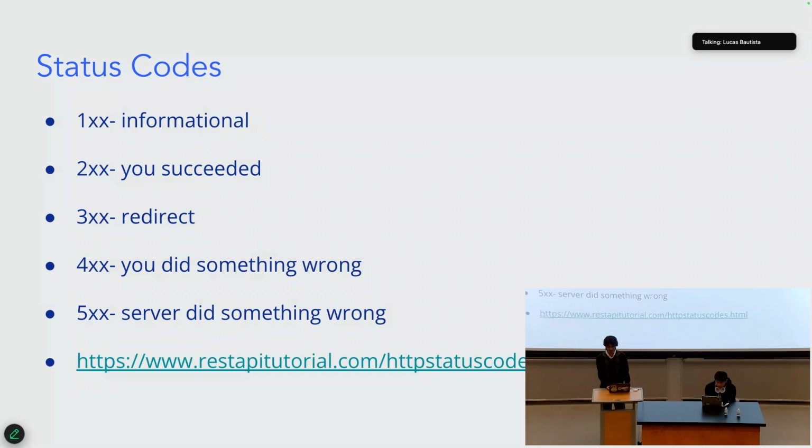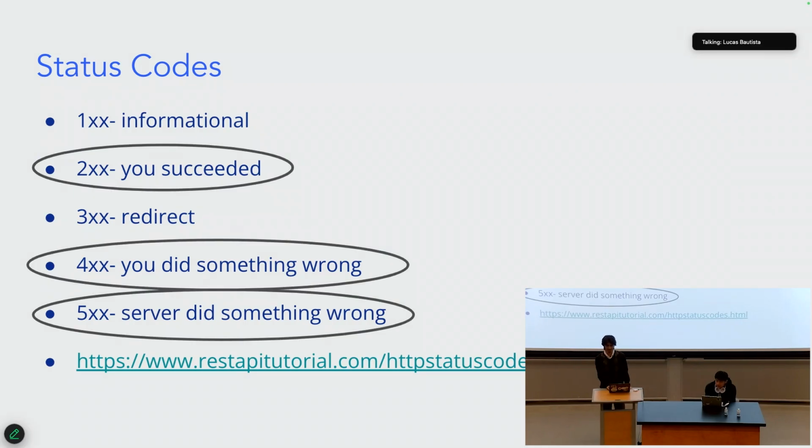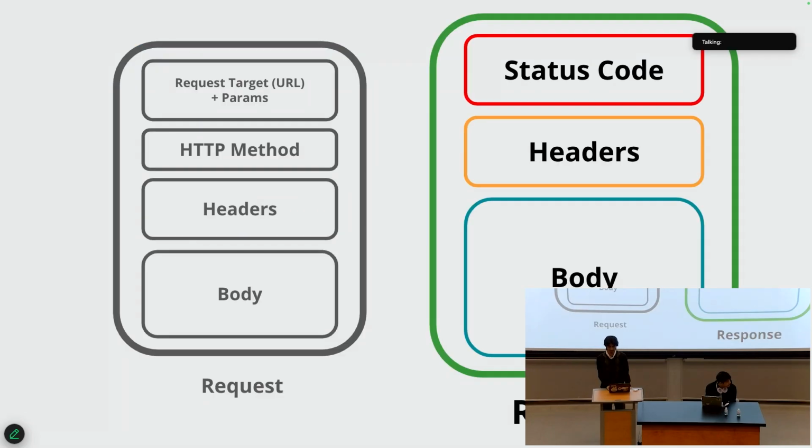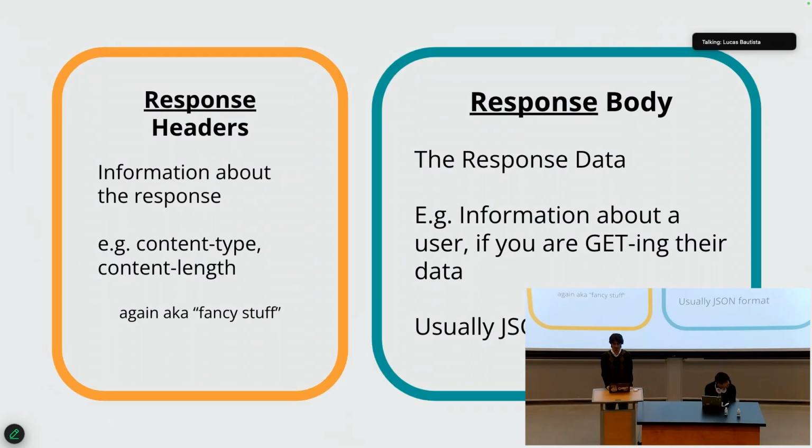Usually you'll be seeing 2s, 4s, and 5s, and maybe some 3s if your website uses caching. Right, cool. Any questions? Cool. That's status codes.